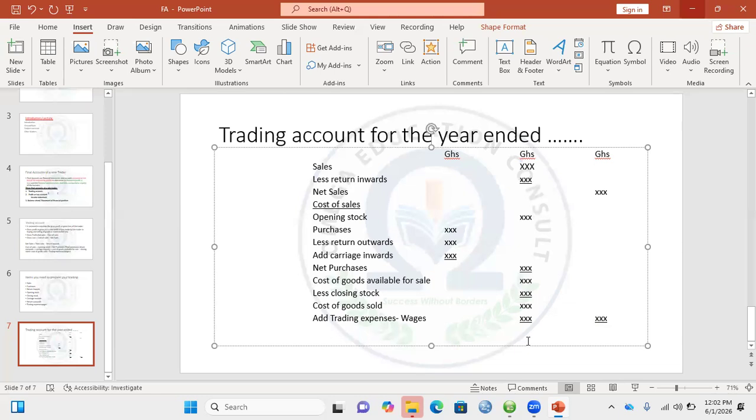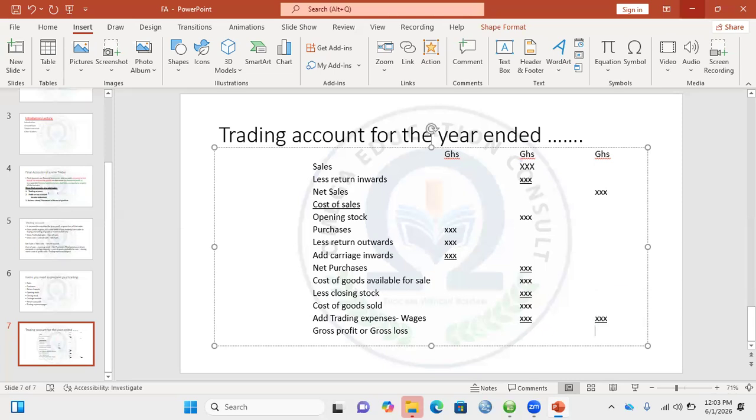So it could either be a gross profit or a gross loss. It is a profit when the net sales is more. So for example, if you have 10,000 here and your cost of sales is 5,000, then you are going to have a gross profit because the net sales is more. But if the opposite, you have a gross loss, and then you put it right there.